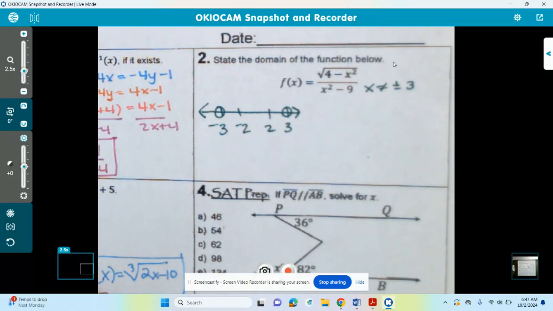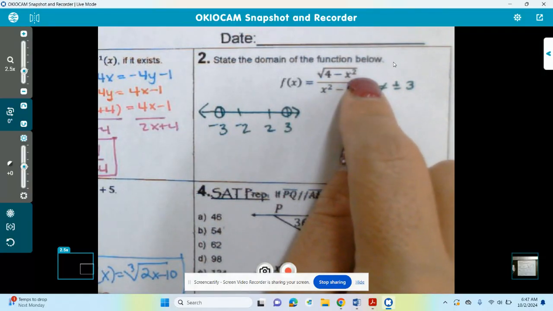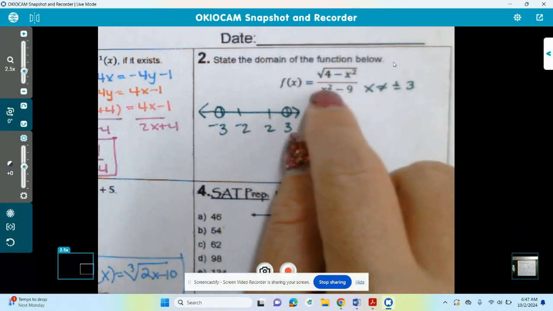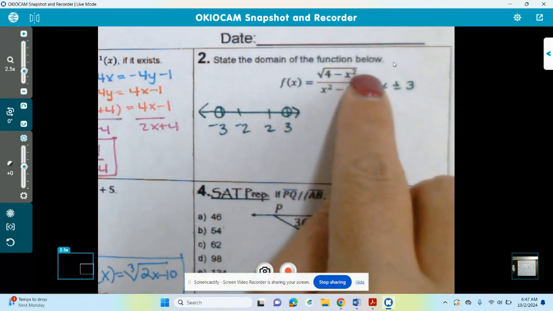So when we think this out, if I put 2 in here, that gives me 0. Okay, well that's cool. If I put 1 in here, that gives me the square root of 3. I can do that. If I put 5 in here, then that's going to give me a negative value. So if I put 3 in here, 3 squared is 9, 4 minus 9, negative 5.